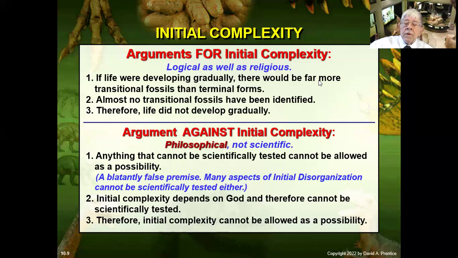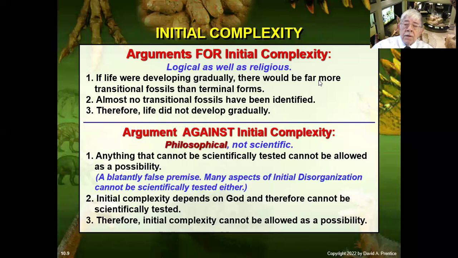Now, what are the arguments against that? The arguments for some sort of evolution. These are not scientific, these are philosophical. So first, anything that cannot be scientifically tested cannot be allowed as a possibility. Well, that's ridiculous. That would say that we know everything. I don't think we do. There are many aspects of evolution, initial disorganization, that can't be scientifically tested either.